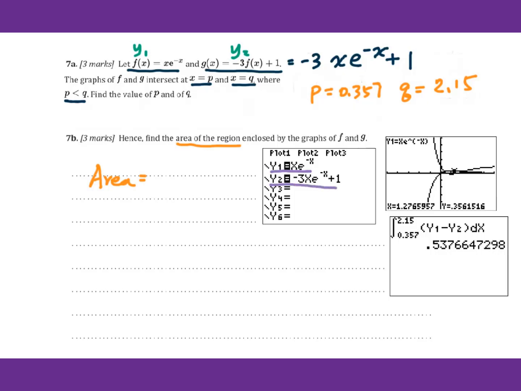Then use trace to find out which function is above. That's y1 above, so we use the integral. We put y1 minus y2, then do the definite integral. We get 0.538. So we can write it down like this.